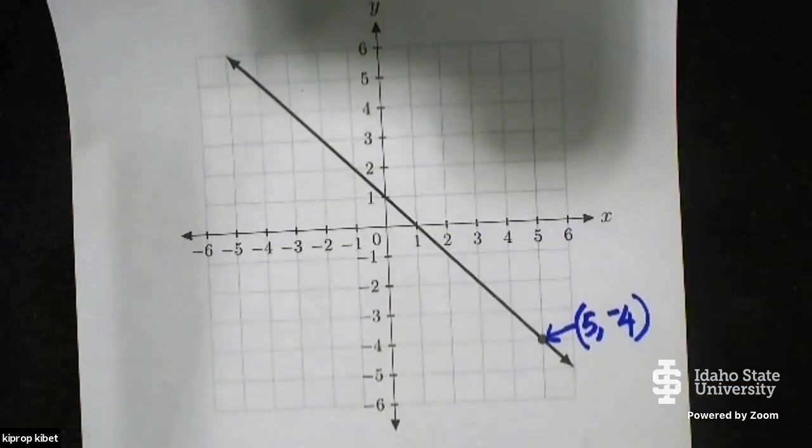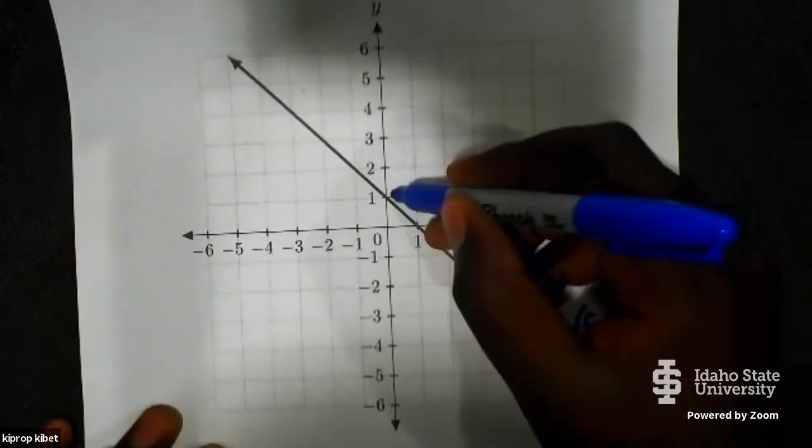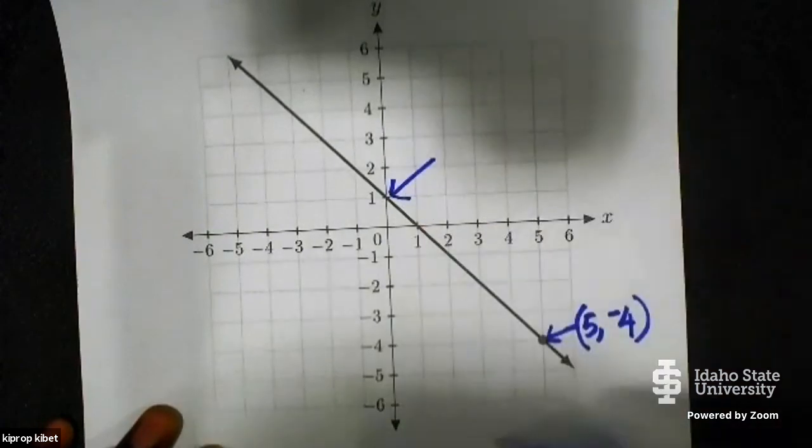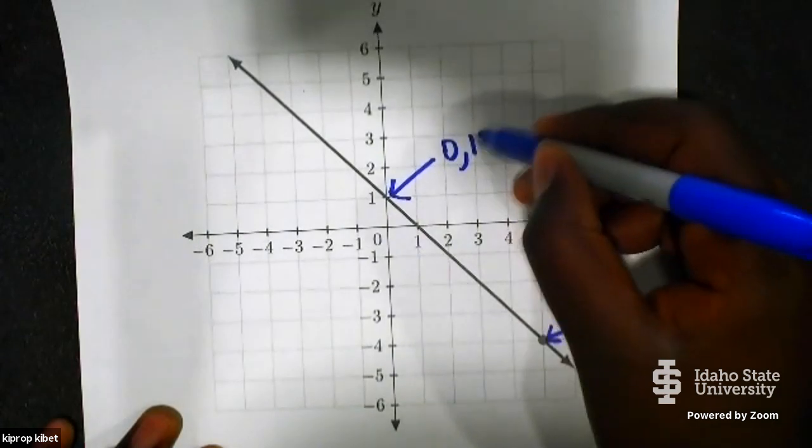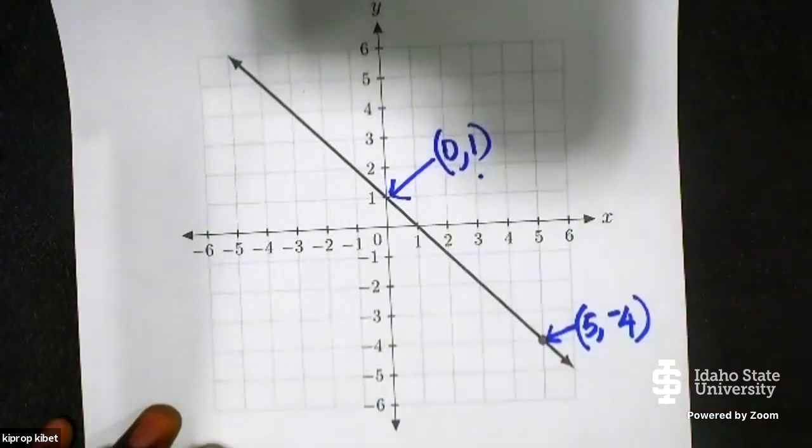Then we can also identify the y-intercept. So where is the y-intercept? The y-intercept is where x is equal to 0. So this point here is our y-intercept. So it will be (0, 1).